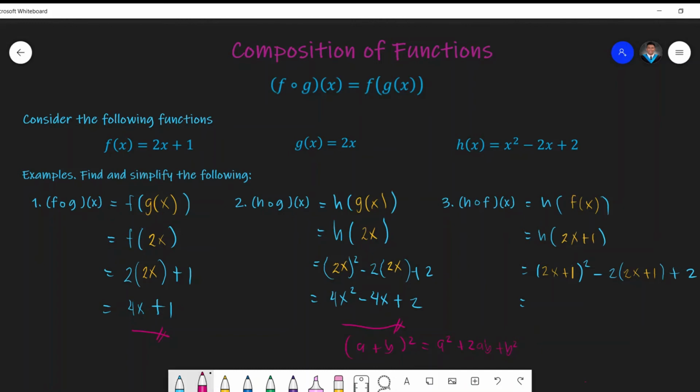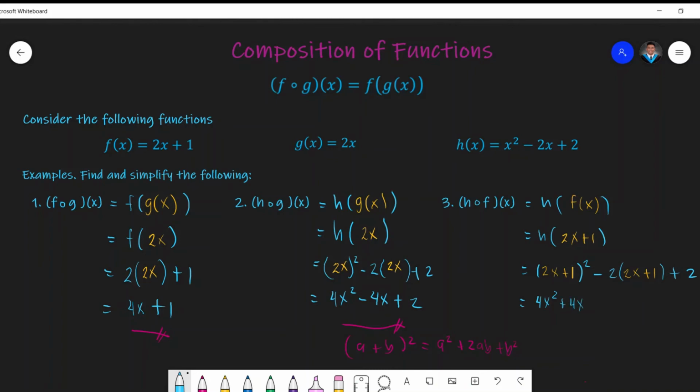So dito, if you're going to expand 2x plus 1, first, i-square natin yung first term, so that is 4x squared. And then the second term, i-multiply natin yung coefficient, 2, times 2x, times 1, so that is 2x, then times 2, that is just equal to 4x. So plus 4x.